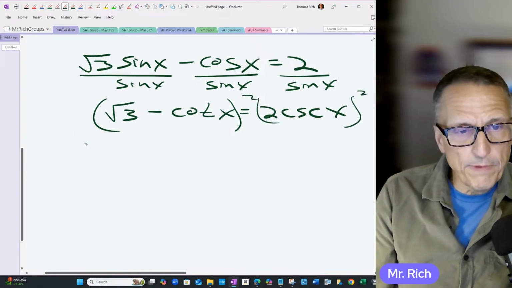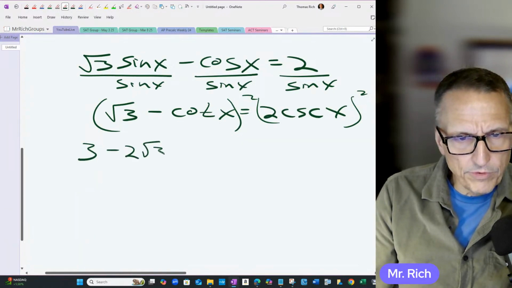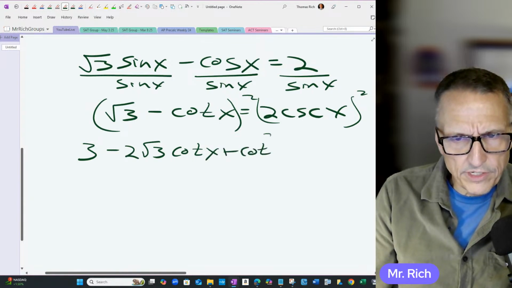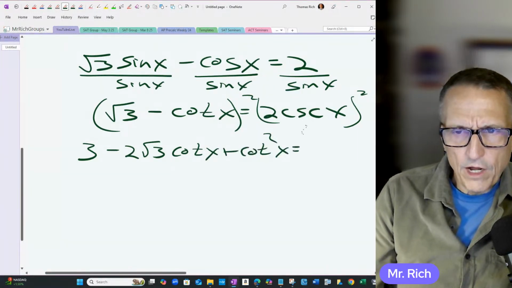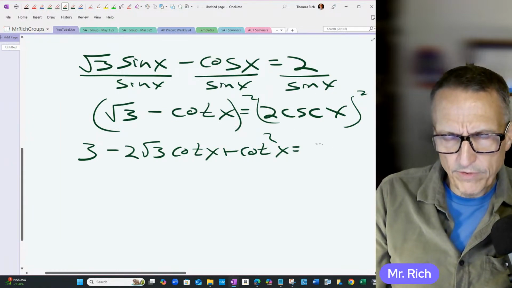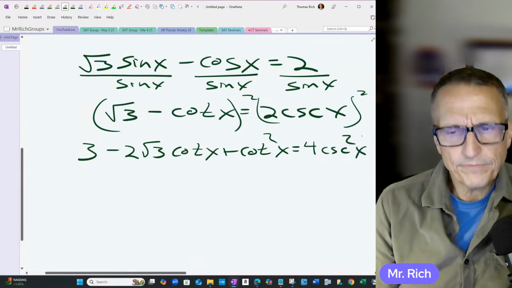But if I square this binomial, I'm going to get 3 minus 2 root 3 cotangent x, and then I would have plus cotangent squared x. On the right-hand side, when I square this, it's going to give me 4 cosecant squared x.